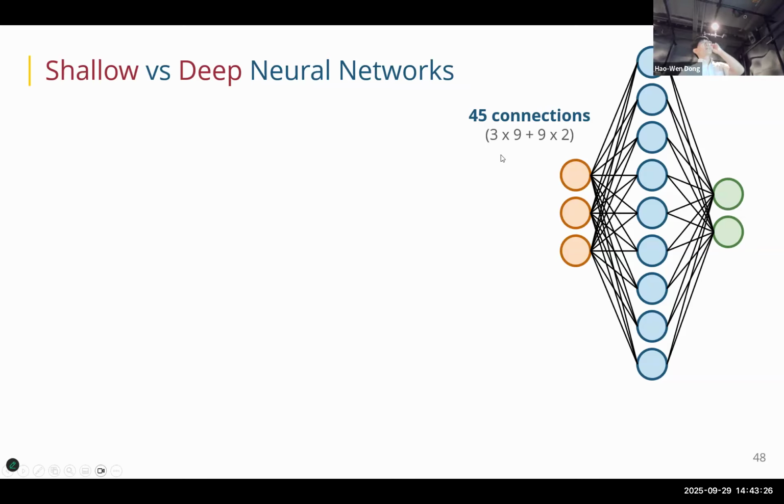Each connection is just a weight, so the weights define how many parameters you need for this neural network. We oftentimes look at the connections to see how big a model is rather than the number of neurons, because neurons don't tell you the size of a model.